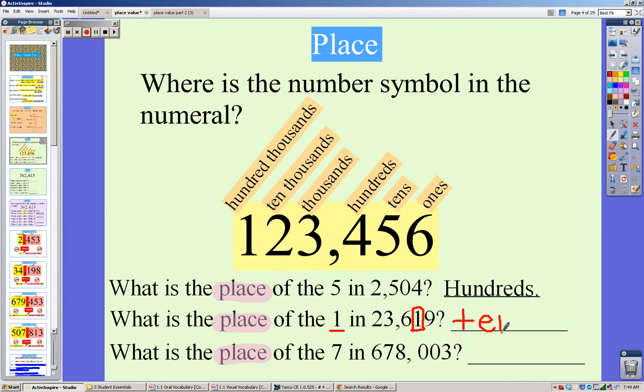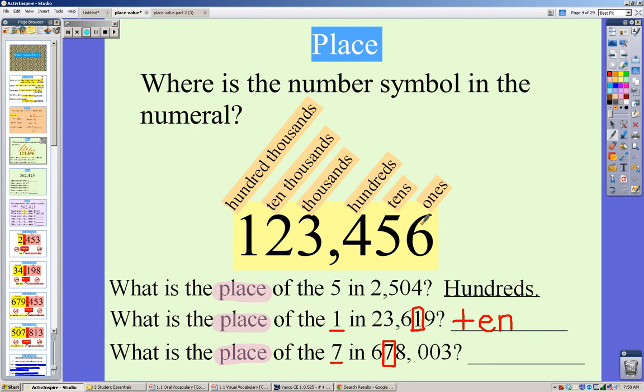So, there we go. Let's move on to the next one. What is the place of the 7 in 678,003? So I'm focusing on the 7. I'm going to put a box around my 7 here. And I can see that that 7 is the 1, 2, 3, 4, 5th number over.